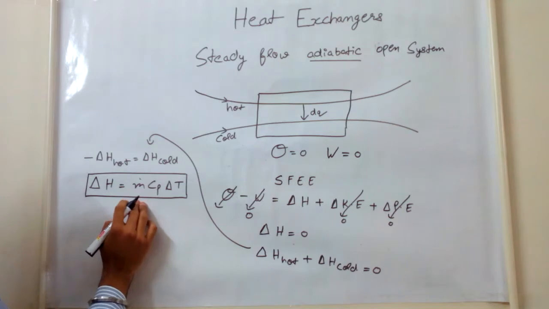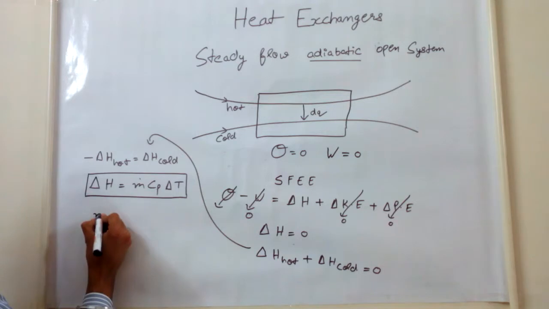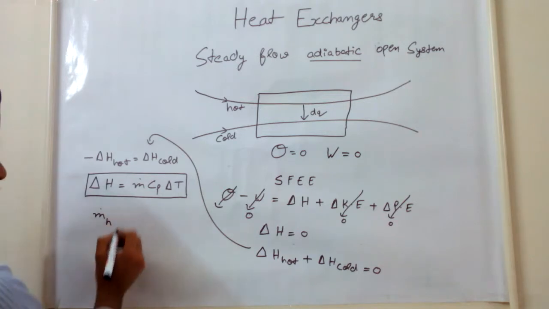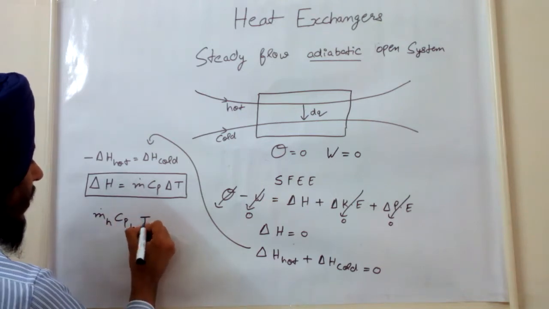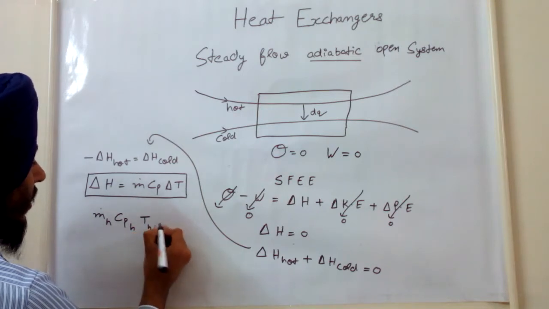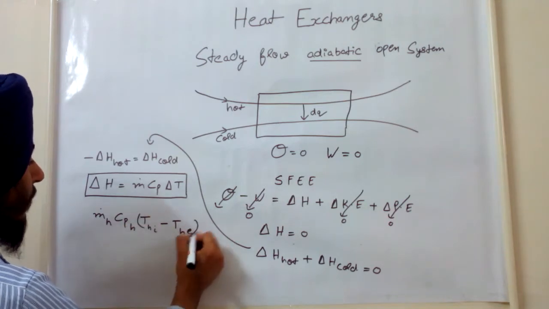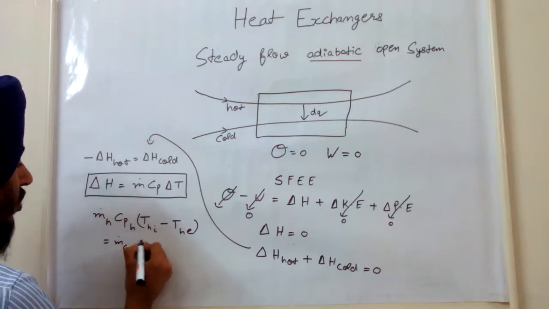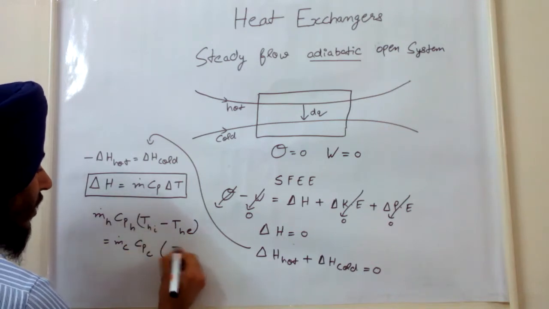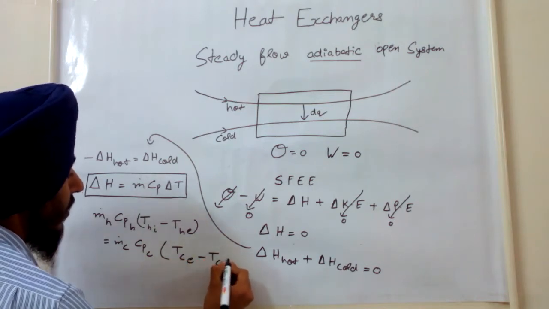So writing this equation in terms of this, we can write m dot h, h means hot, Cph, (T hot inlet minus T hot exit) is equal to m dot c, c is cold, Cpc, (T cold exit minus T cold inlet).